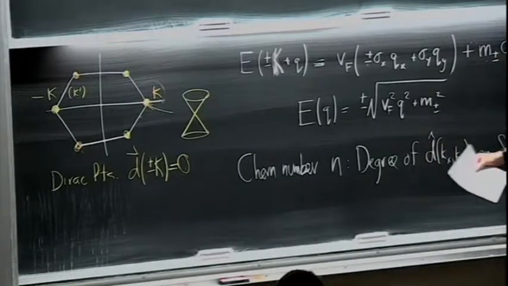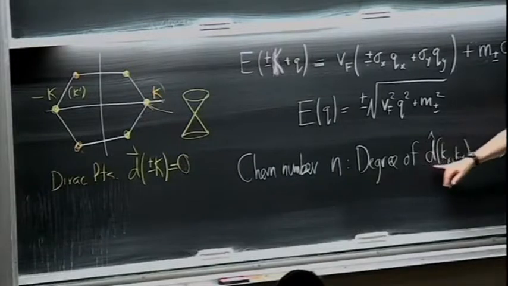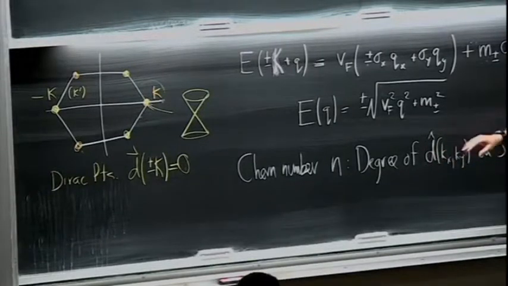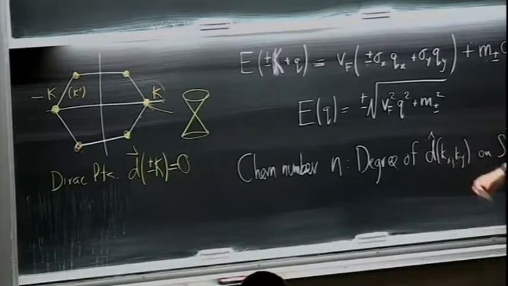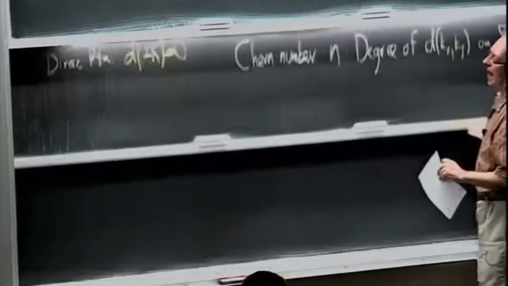Basically it's counting the number of times that d, which sweeps out an area on the sphere, wraps around. This is a very simple pictorial way of thinking about the Chern number. And so I want to think about that for different ways of introducing gaps into graphene.